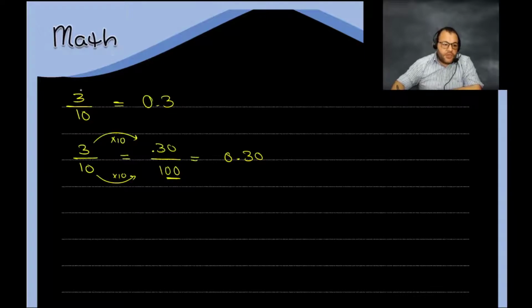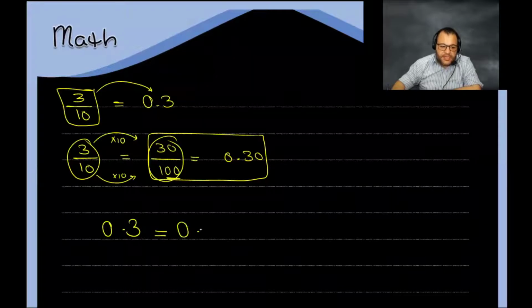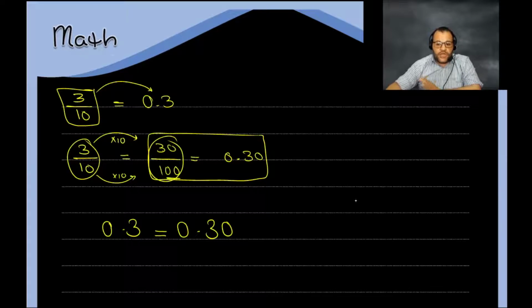We said now 3 over 10 is equal to 0.3. Is that right? And we said 30 out of 100 is equal to 0.30. But we say that 3 out of 10 is the same as 30 over 100. It means 0.3 is the same as 0.30.